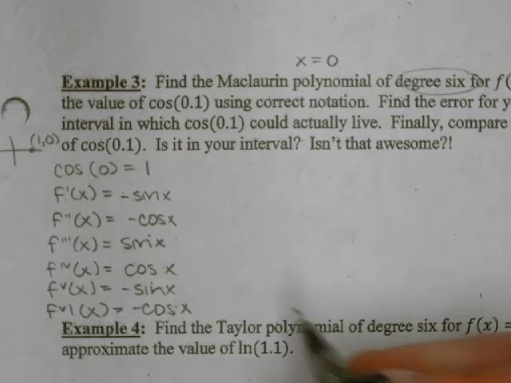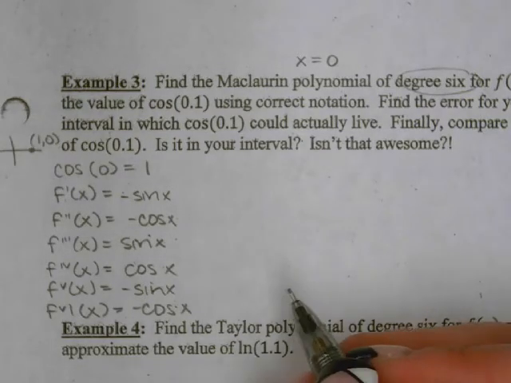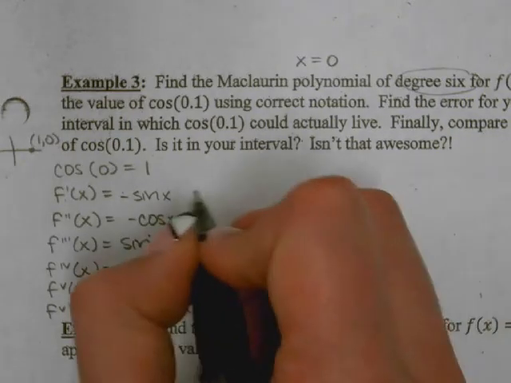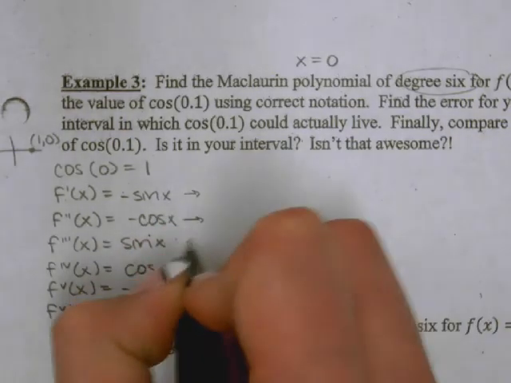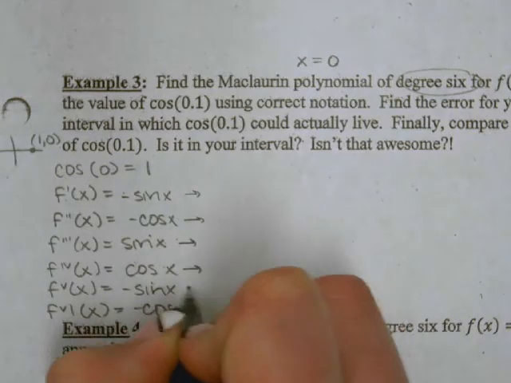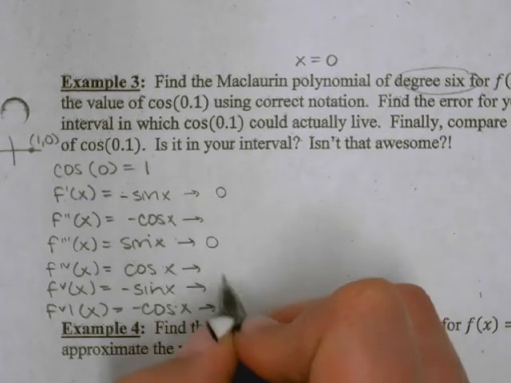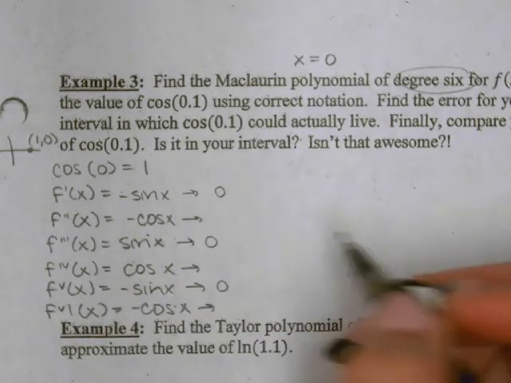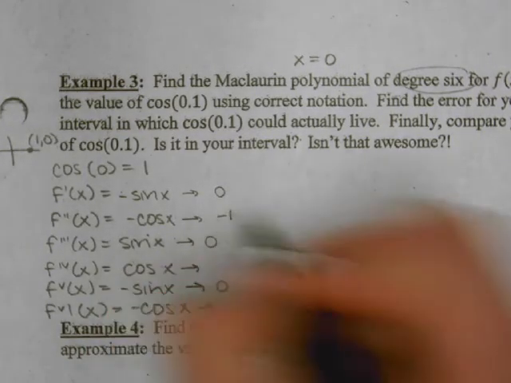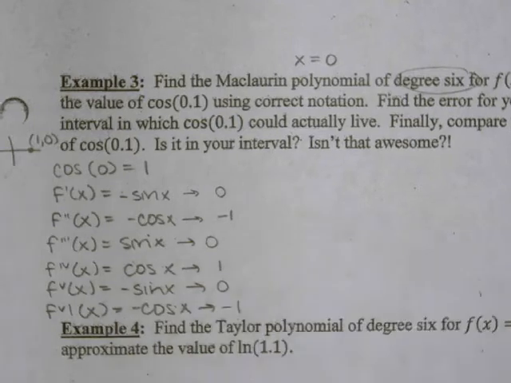All right, so if we write out the MacLaurin series, we've already done all these evaluations, so I'm going to go ahead and just write them out real quick. We know that anything with sine is going to be a 0, and then cosines were 1s there, so negative cos would be negative 1, positive 1, negative 1.